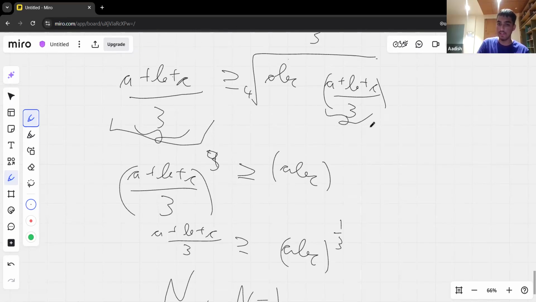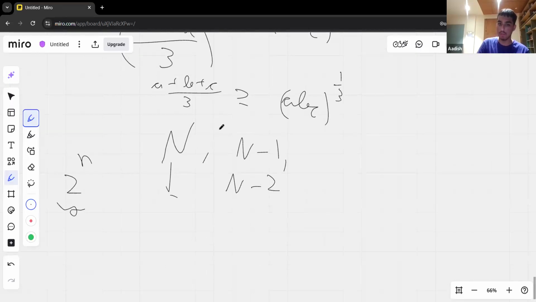You take the fourth power on both sides, then cancel (a plus b plus c) by 3, and then you take the cube root on both sides, and you get this. And this is AMGM for 3 variables. Okay.